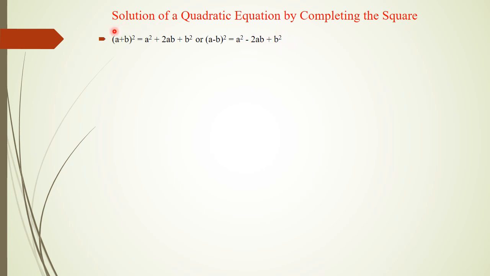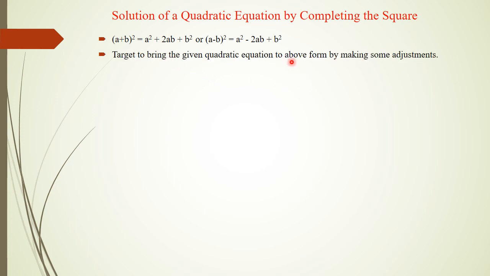Basic idea of solving by this method is that whatever quadratic equation we have, first we will bring it to standard form. Our target will be to bring the given quadratic equation to any of the above forms, depending on whether a plus sign is present in the quadratic equation or a minus sign.